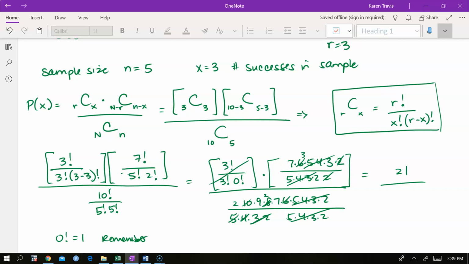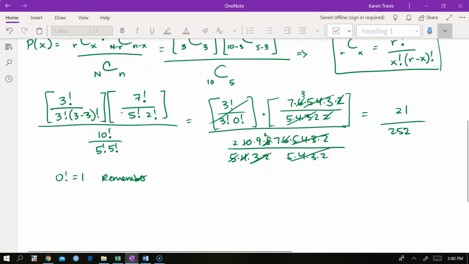Sorry, it's a 9 times a 4 times a 7, which equals 252. Okay, it works out to 252. I cross-canceled differently this time.